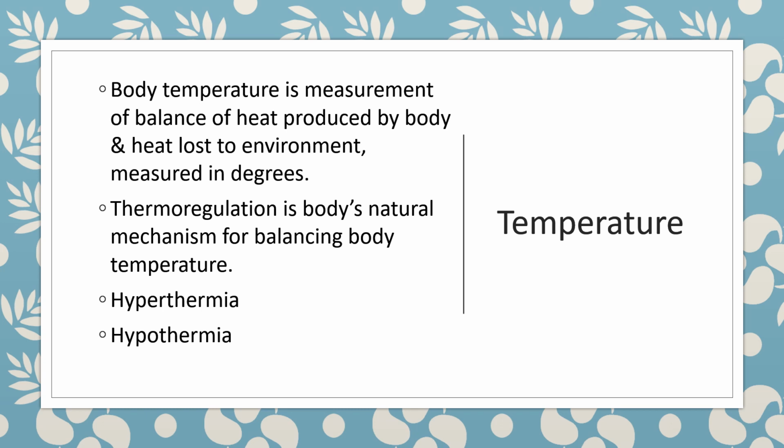Hypothermia is a decrease in core body temperature. Hypothermia is often due to exposure to the cold or the inability to produce heat. The early signs and symptoms for hypothermia include shivering, decreased motor skills, and impaired peripheral perfusion.